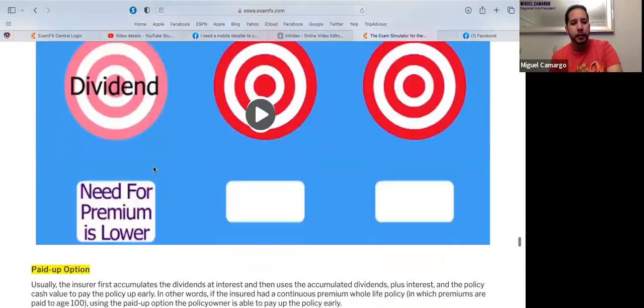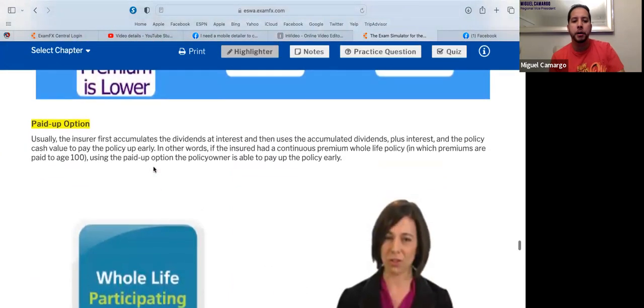The other P is called paid up option. So this one says usually the insurer first accumulates the dividend at interest, then uses the accumulated dividends plus the interest and the policy's cash value to pay the policy up.